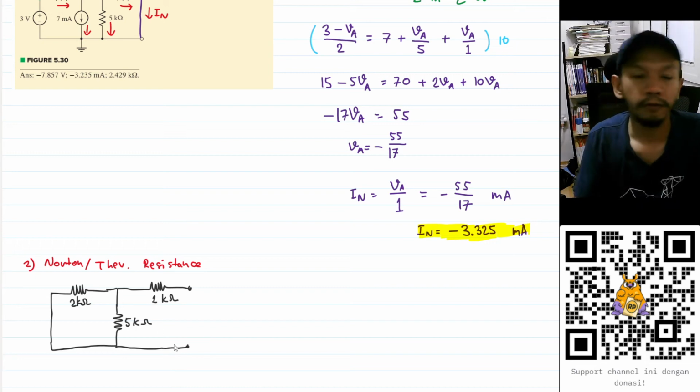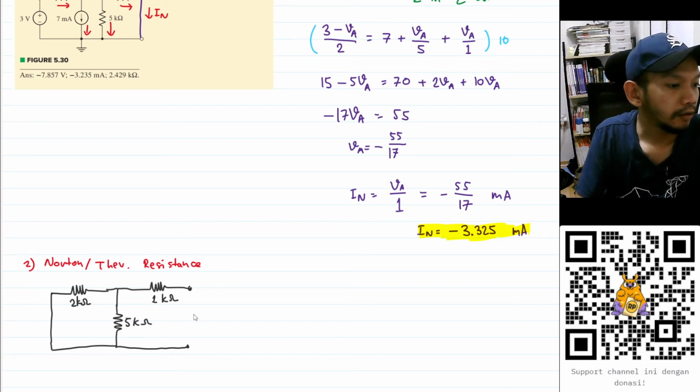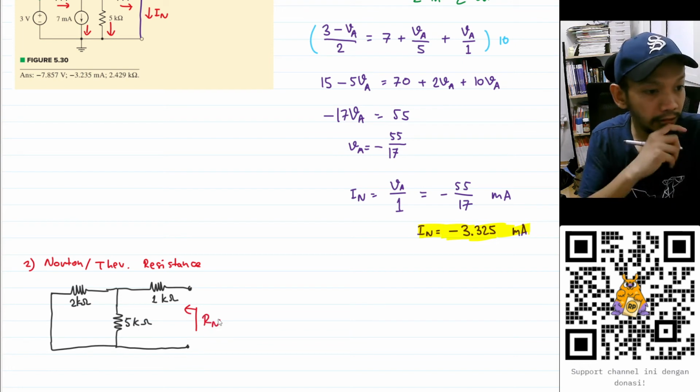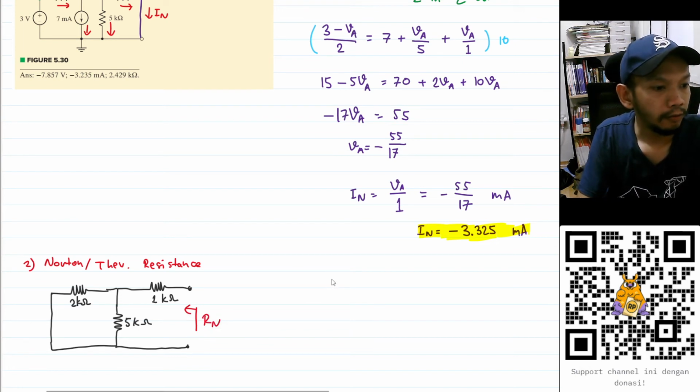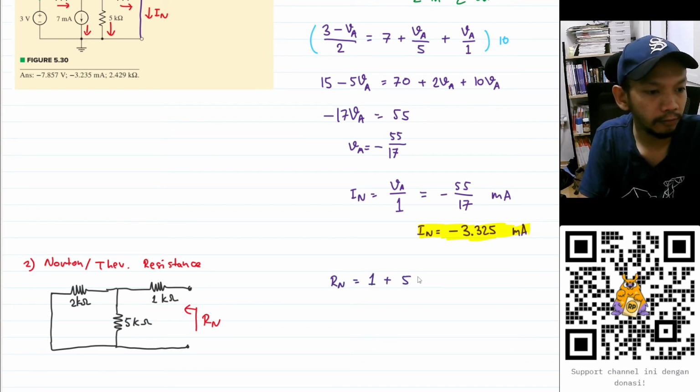And so we can see from here our Norton resistance. Our Norton resistance will be 1 plus 5 parallel with 2. So I will have 1 plus 5 multiplied by 2, which is 10, divided by 5 plus 2, that will be 7.